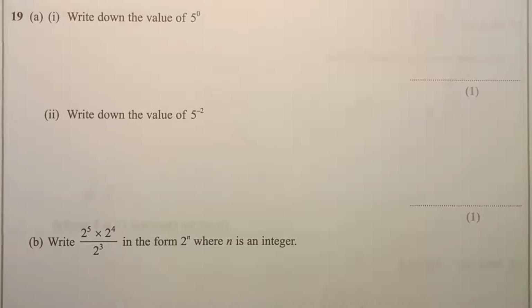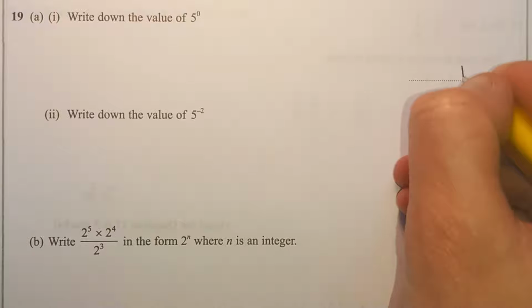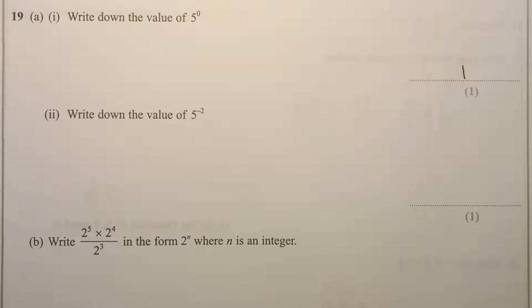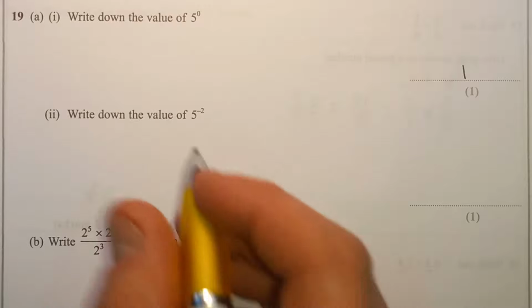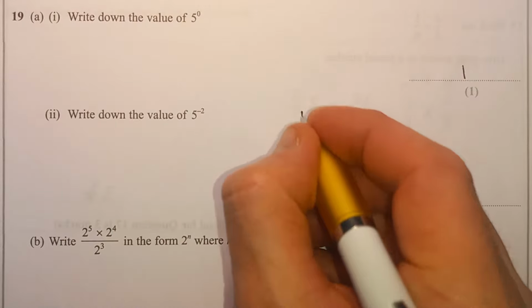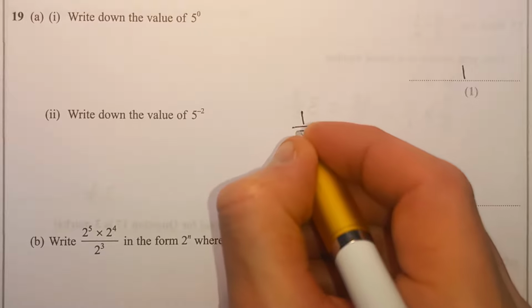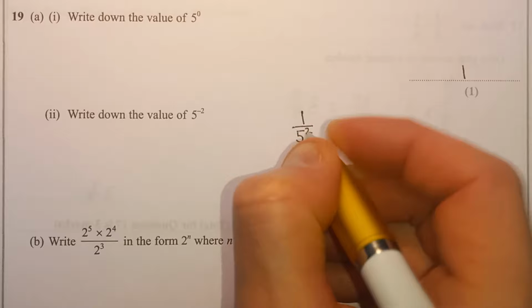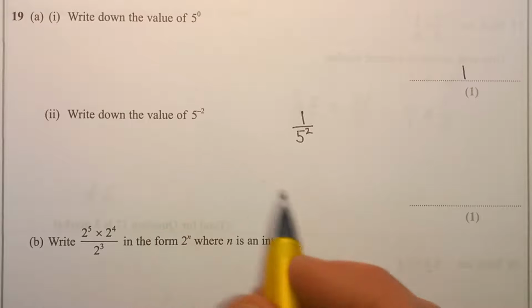Question 19. Write down the value of 5 to the power 0. Well, anything to the power 0 is 1. Write down the value of 5 to the power minus 2. Well, if it's got a minus power, it just means 1 over the number with the power without the minus.